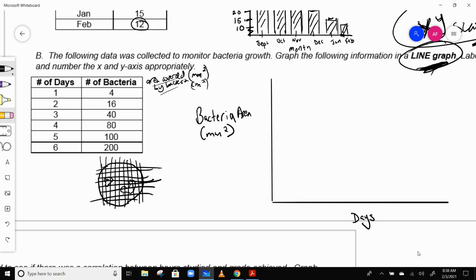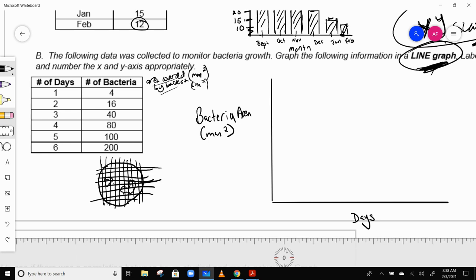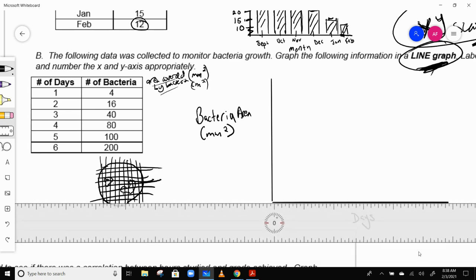Okay. The next thing we got to do is create our scales here. So our scales. So this is just 6 days. Yeah. Like I said, they didn't give the units here. They're just saying number of bacteria.